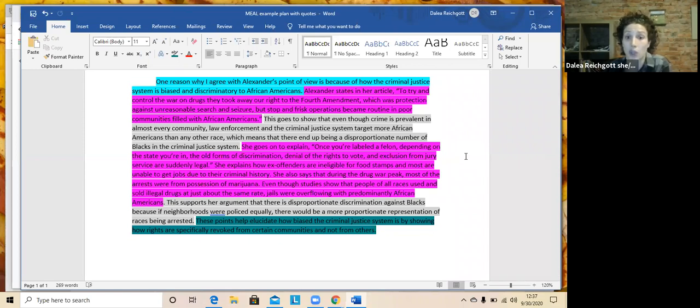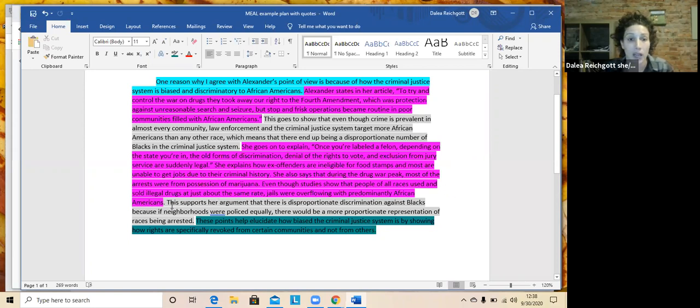She also says that during the drug war peak, most of the arrests were from possession of marijuana, even though studies show that people of all races used and sold illegal drugs at just about the same rate. Jails were overflowing with predominantly African Americans. So in this example, we get several different things that the author says. And then our writer's going to break them down for us a little bit. So we get a quote here, and then afterwards we get some paraphrase. So it's okay to mix those.